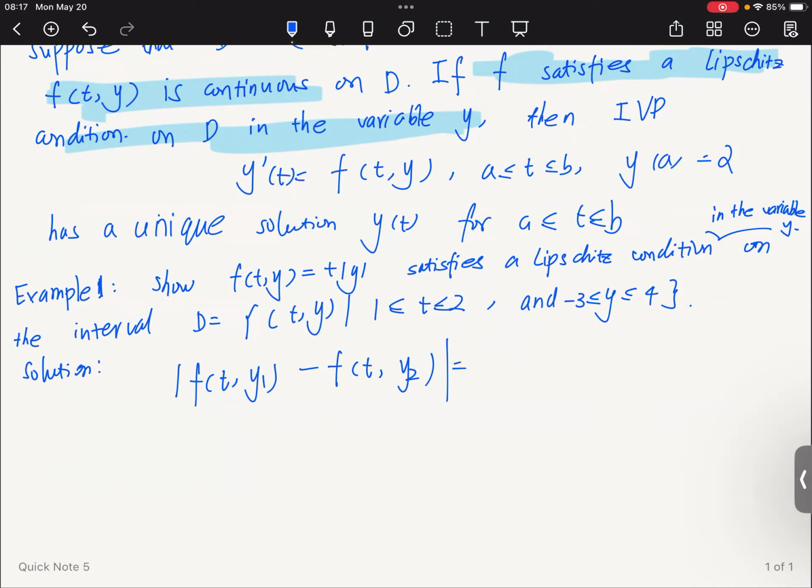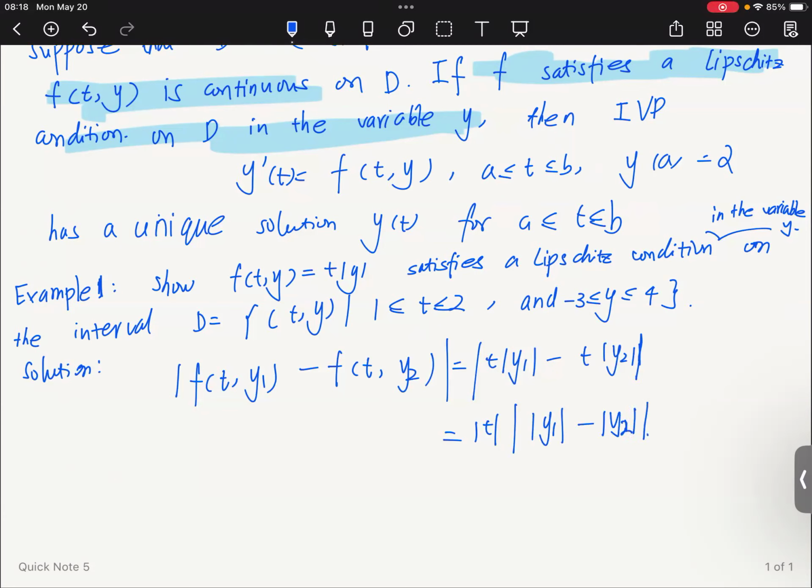It equals the absolute value of t times y1 minus t times y2, which equals the absolute value of t times the difference between the absolute values of y1 and y2.